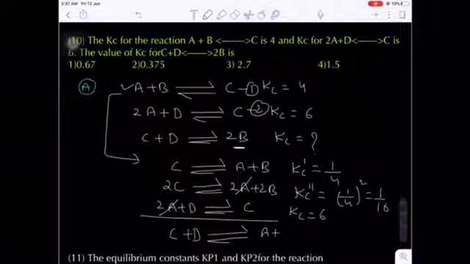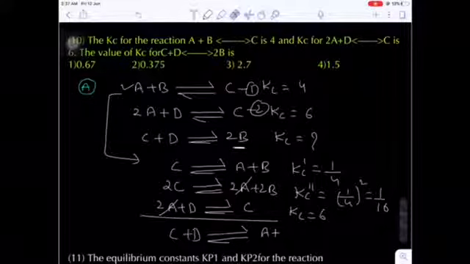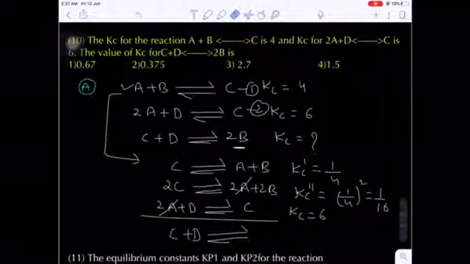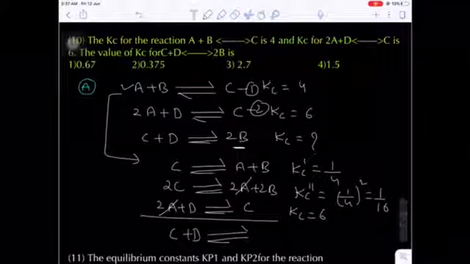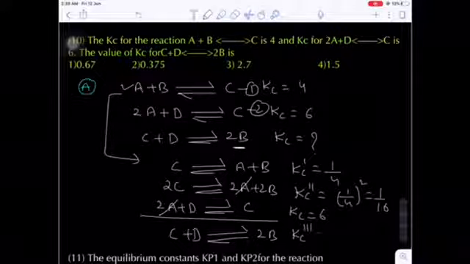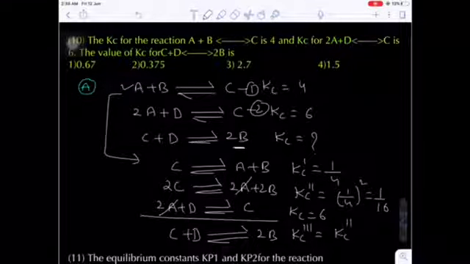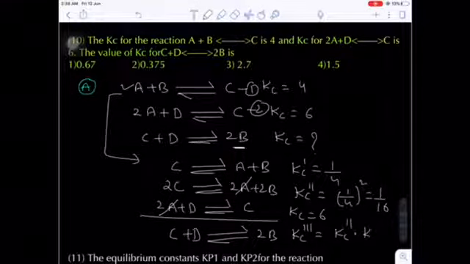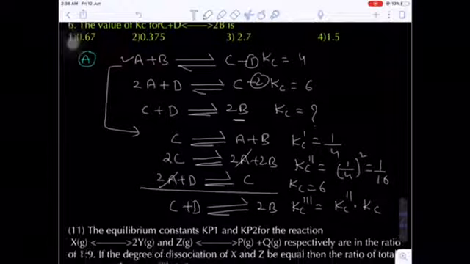Equilibrium, and on the right hand side you will get what? A cancels, only 2B remains. So another Kc is equal to the product of these two equilibrium constants.